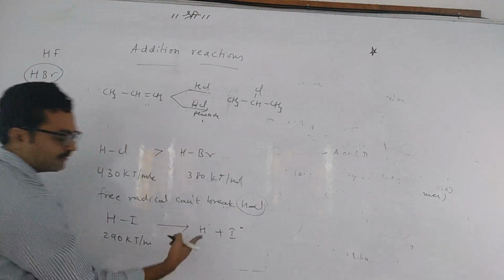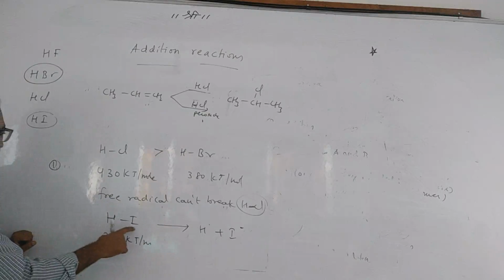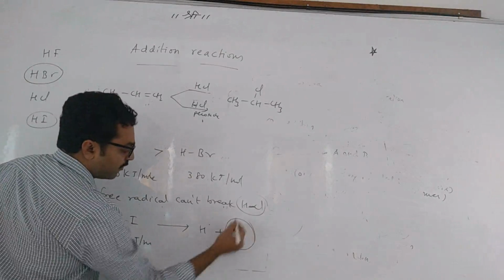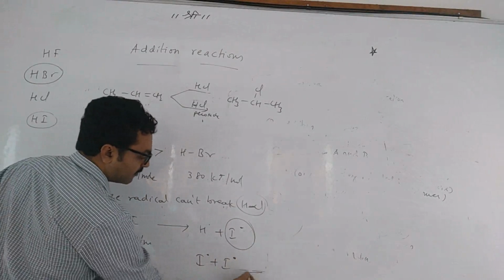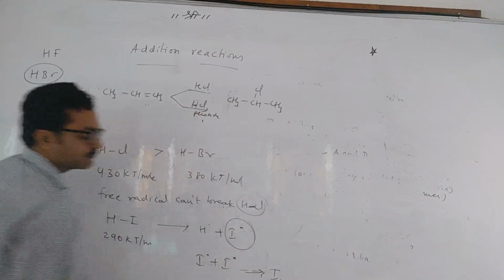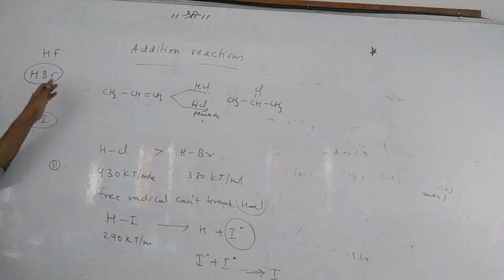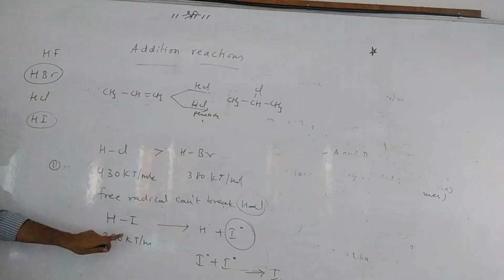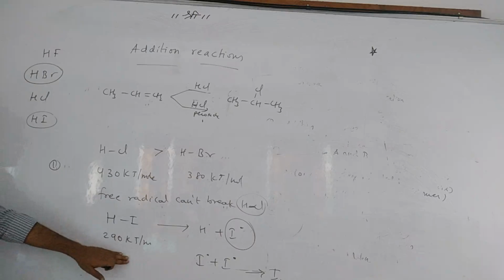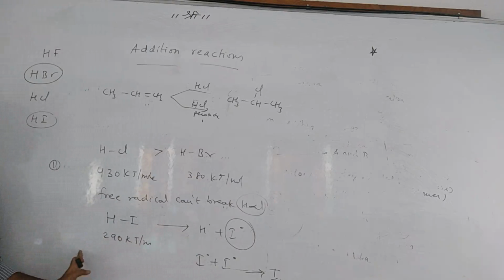It can form easily. But the formed I radical again combines with itself to form I2. So first case, free radical cannot break HCl. Second case, free radical can break, but the formed radical does not combine with alkene. That is why I told the mechanism. If you know the mechanism, then you will understand.